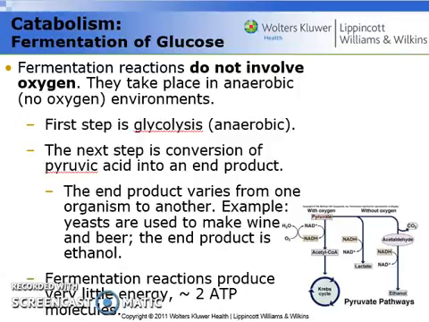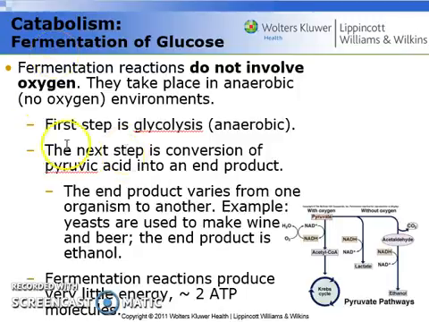Total molecules is actually going to be 36 to 38. So scratch what I said. You get 34 ATP molecules from just the electron transport chain, but from cell respiration you end up getting between 36 and 38. But through the process of fermentation, which is anaerobic, there's no oxygen being used here.